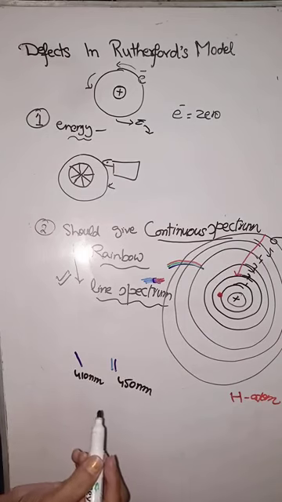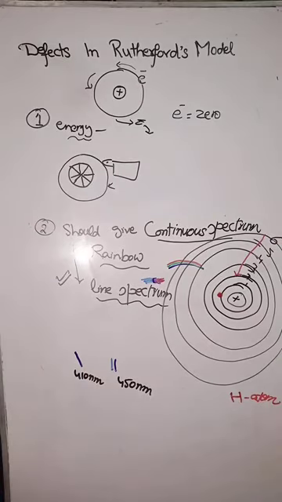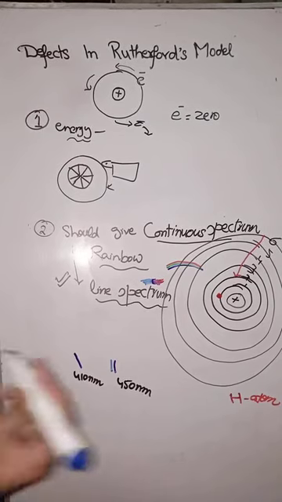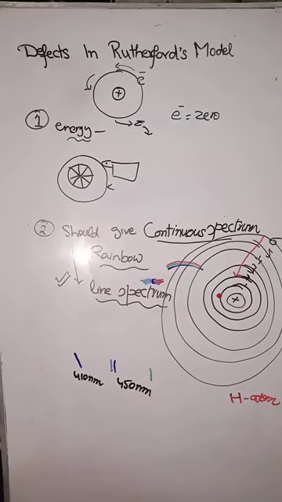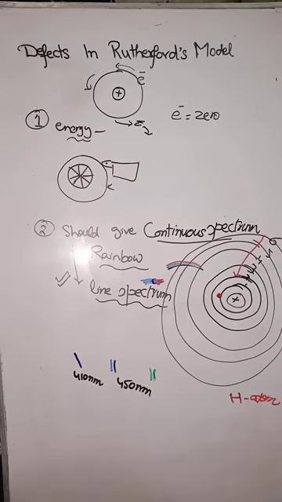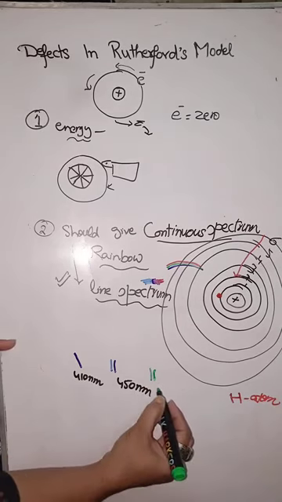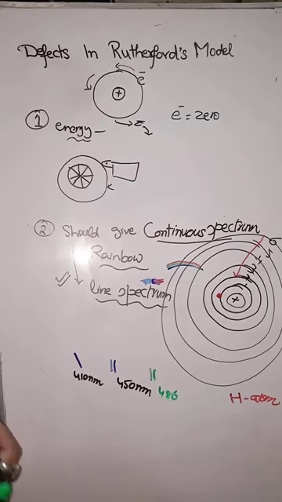It has a wave of 486 nanometer, and the color is blue green, a blue color and a green color, and this happens at 486 nanometer.